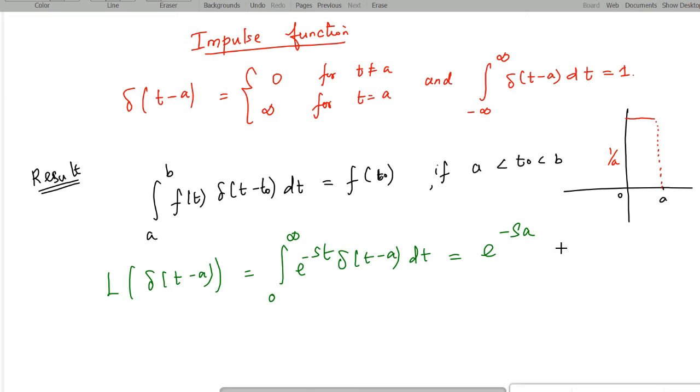So this is the answer for the Laplace transform of the unit impulse function.